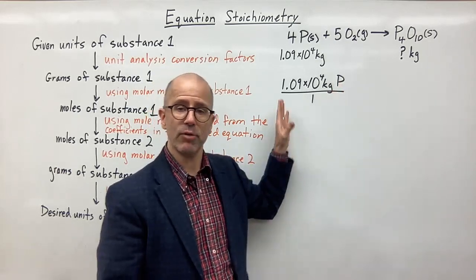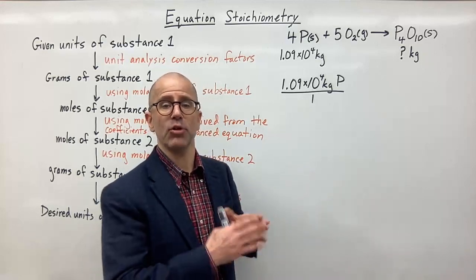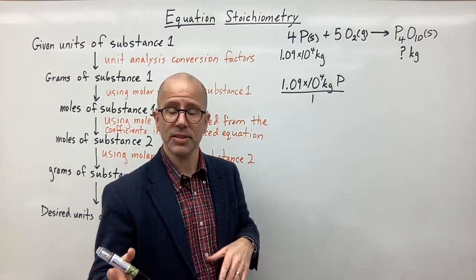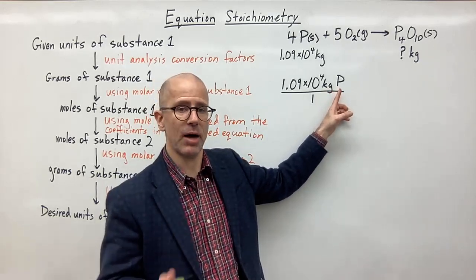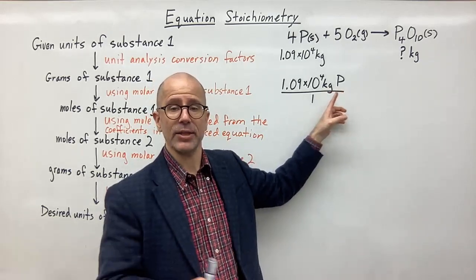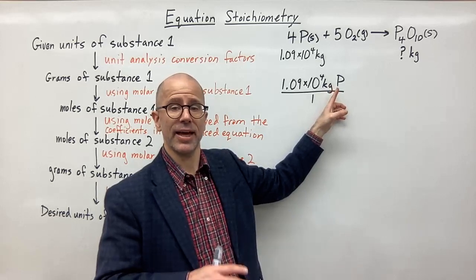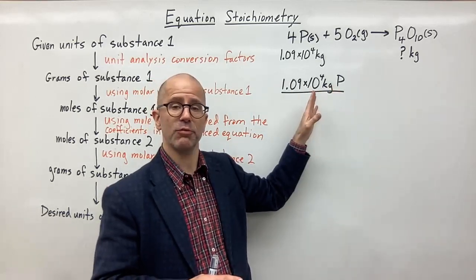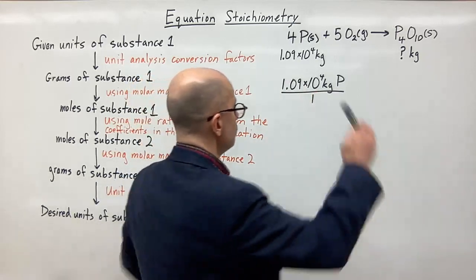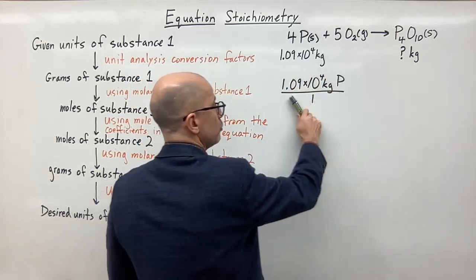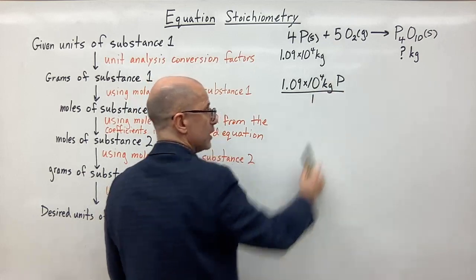The reason I write all three is because I'm going to be converting to a different substance, and I need to keep track of what substance I'm talking about during the process. If I do not write the substance, I could easily get confused. So here, I have 1.09 times 10 to the 4 kilograms of phosphorus.